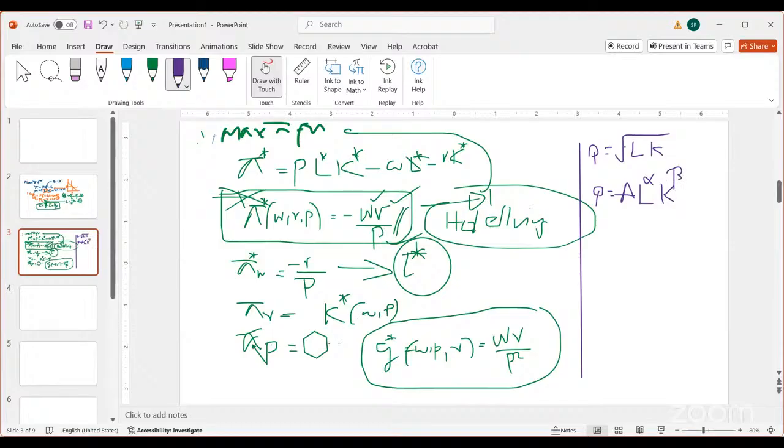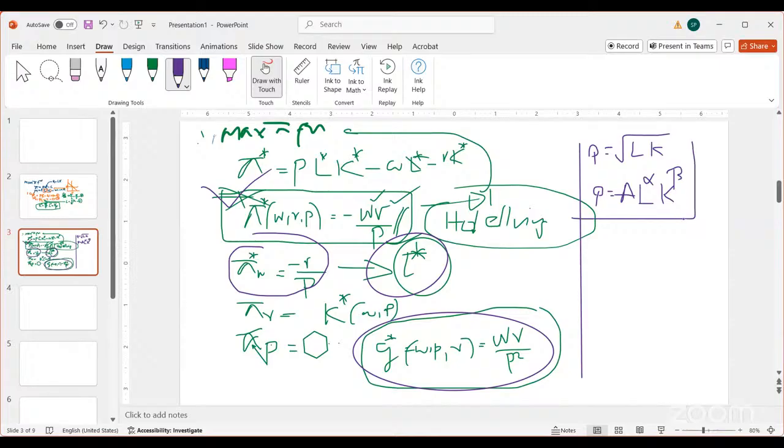With that, try to get the maximum value profit function, then do the Hotelling lemma and get the input demand function as well as the output function. That's the exam question, and you have to practice those things.